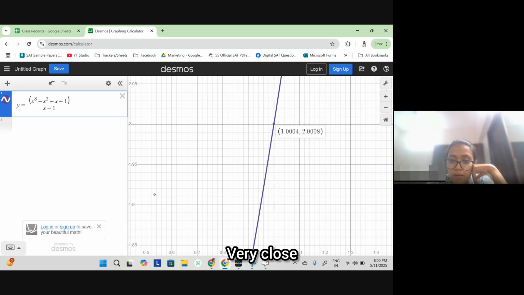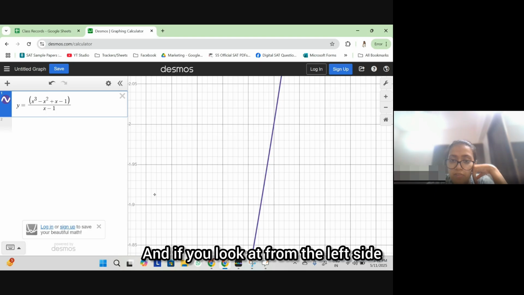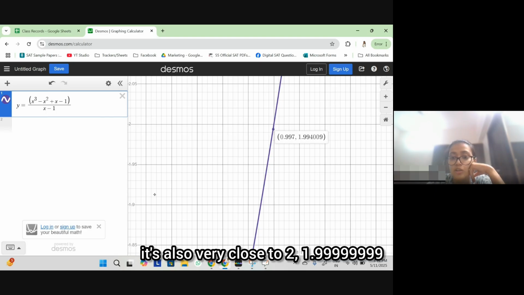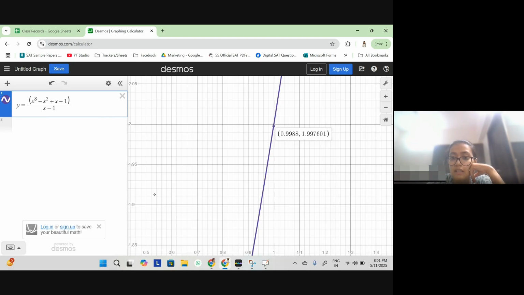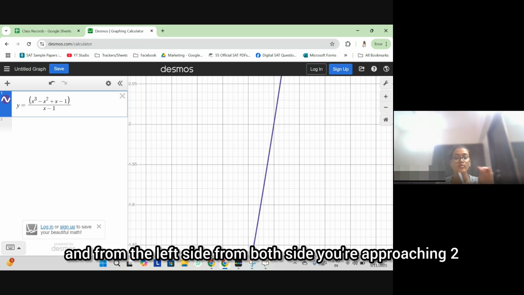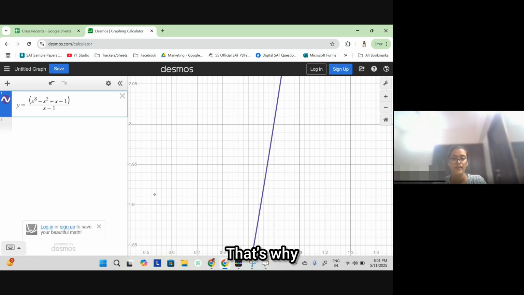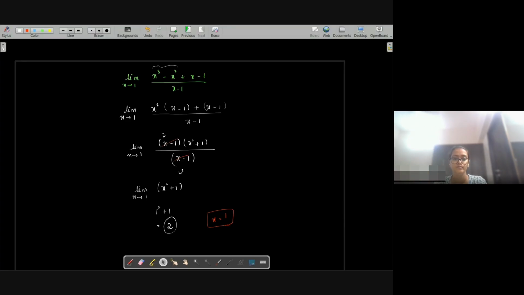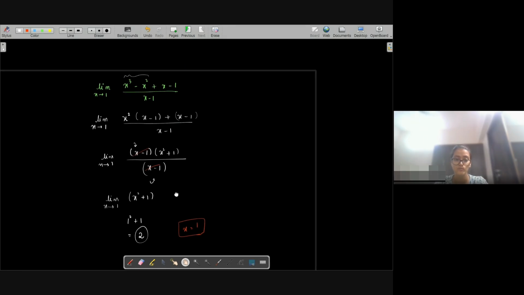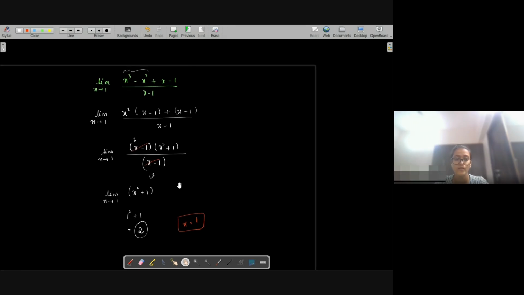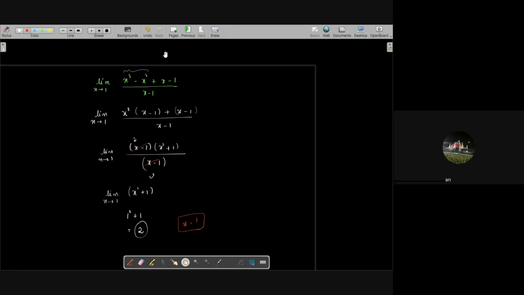And if you look from the left side, it's also very close to 2, 1.99999999, right? From both sides you're approaching 2. That's why the limit is 2. Okay?